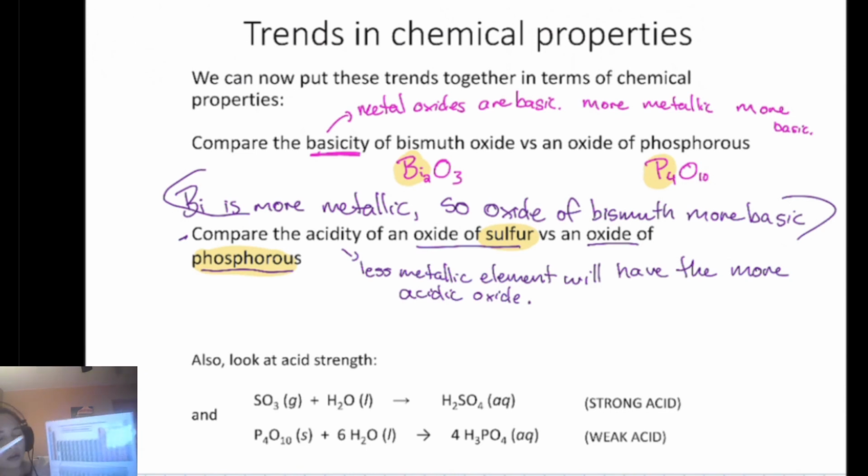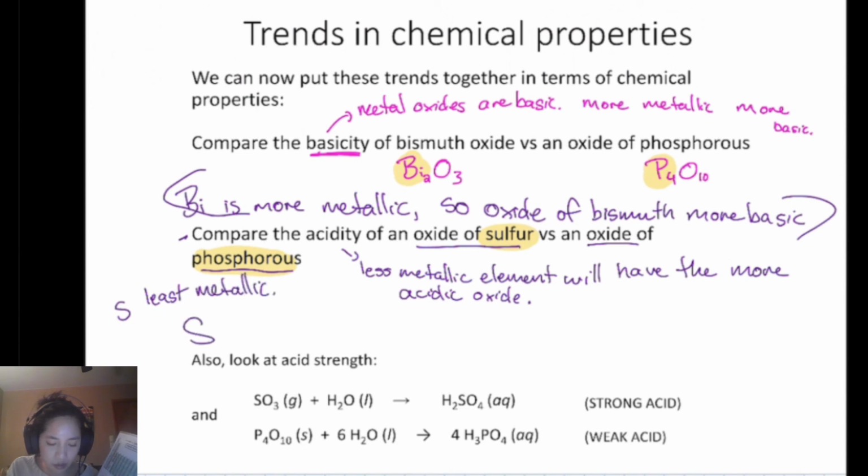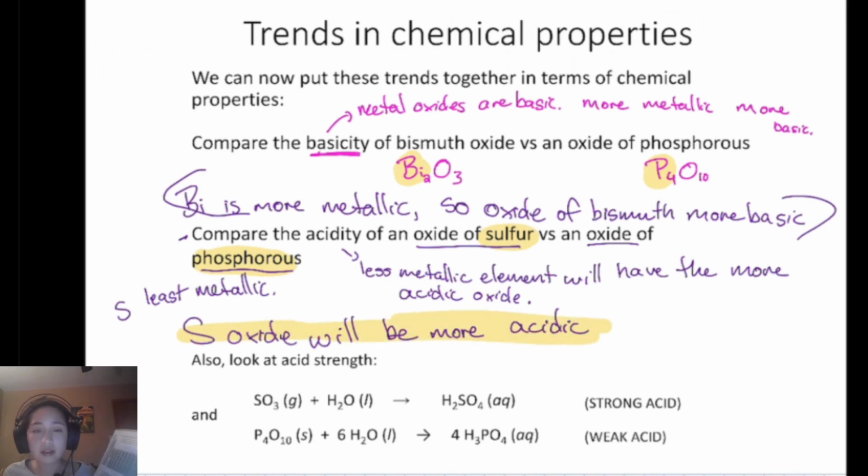What was the trend? We become less metallic going from left to right. So phosphorus is more metallic than sulfur, and sulfur is the least metallic. That means the sulfur oxide will be more acidic. That is my rationale there.